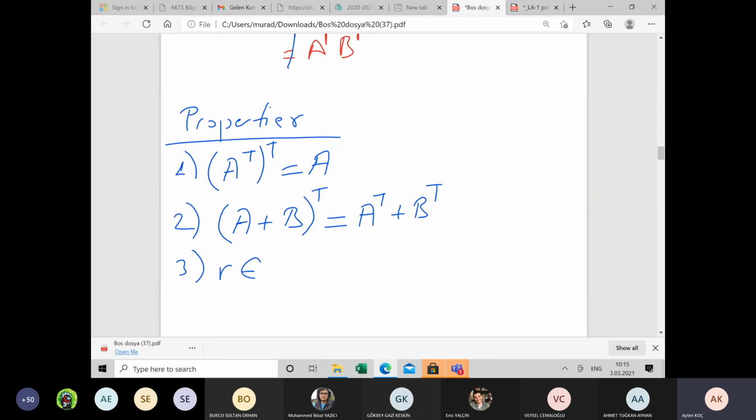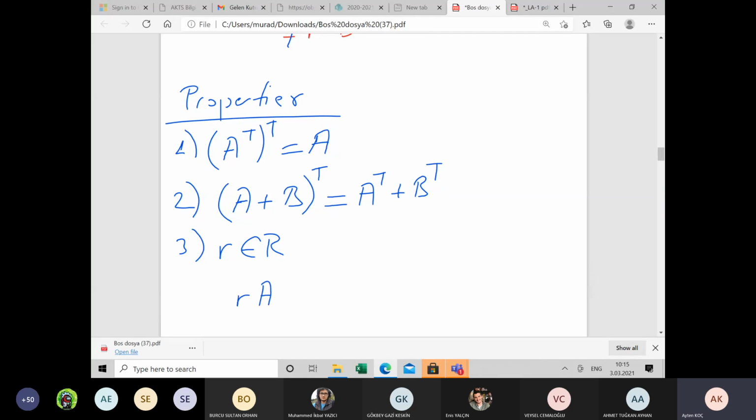The next one: take any real number R and the matrix A, and also R times A. We know R times A from the first lecture, from Monday, the scalar multiplication operation. A is a matrix, R is a real number, this one is scalar multiplication, and this one gives a matrix. Take the transpose. What can you say about this one?